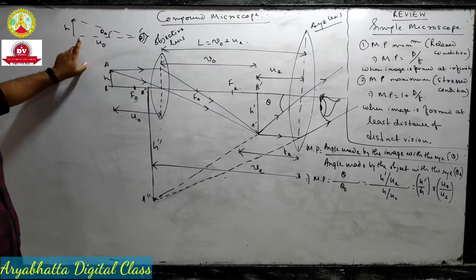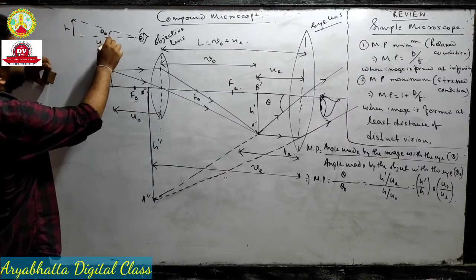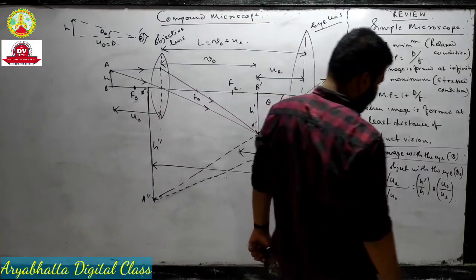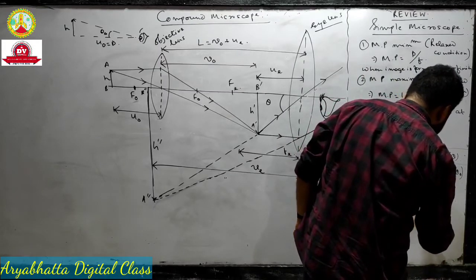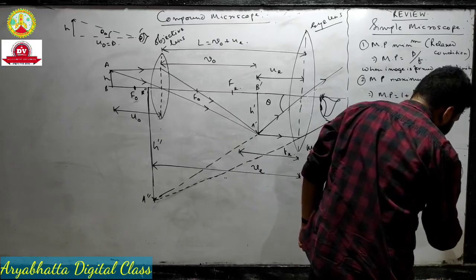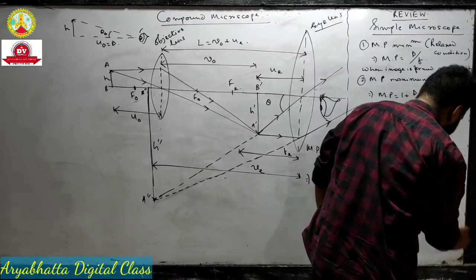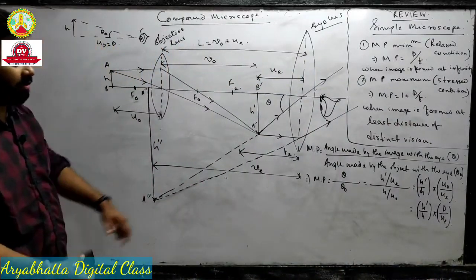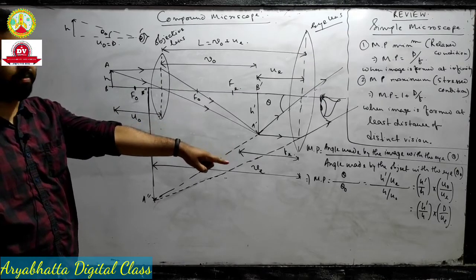Yesterday we got one thing, that instead of u naught we can write here d. So this one can be written as h dash divided by h into d divided by ue. Okay, h dash by h into d divided by ue. D divided by ue you already got yesterday, in the simple microscope.